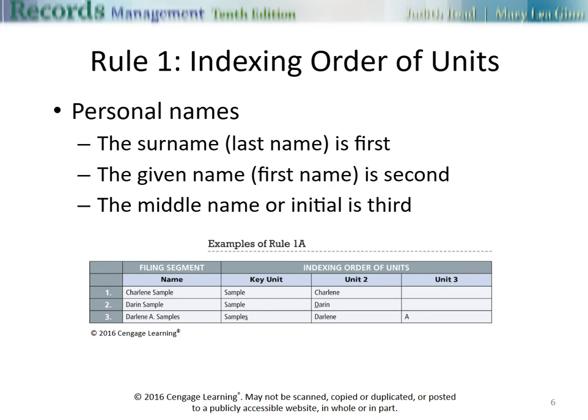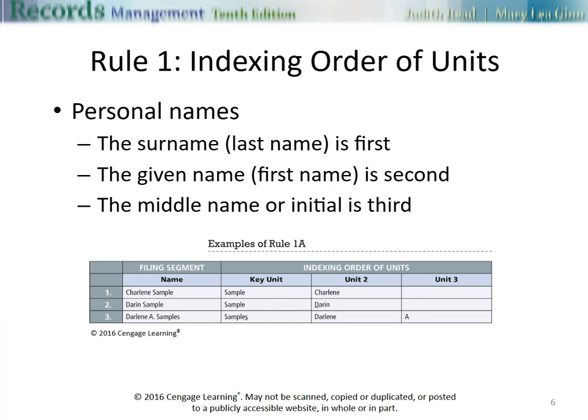And now let's take a look at the first rule. There's going to be 10 rules that you'll be learning about the alphabetic filing system within the next few weeks. And it's really important that you get a good grasp of these rules, especially this week, as everything that we learn is going to build upon these specific rules.